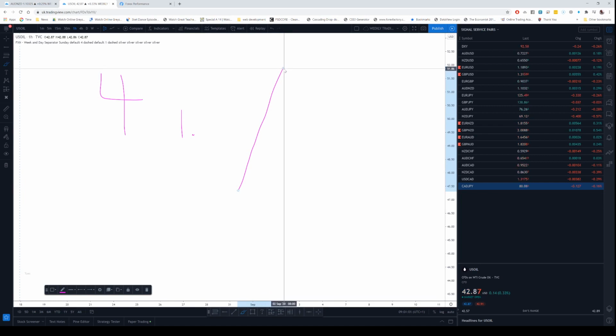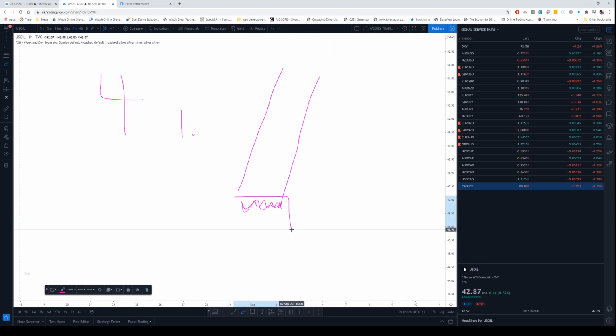After expansion, there are 2 scenarios that can happen. When price screams up, let's say it makes an impulse leg, that's the expansion. But before this expansion, you should see a consolidation. There's always some form of consolidation before expansion.